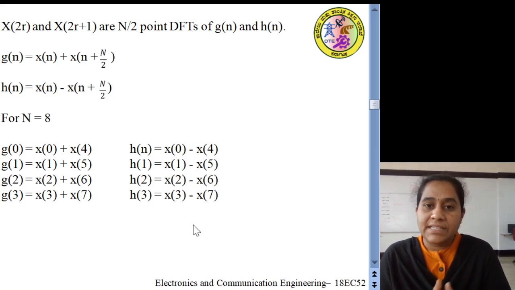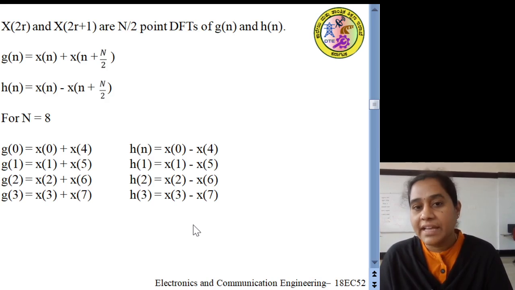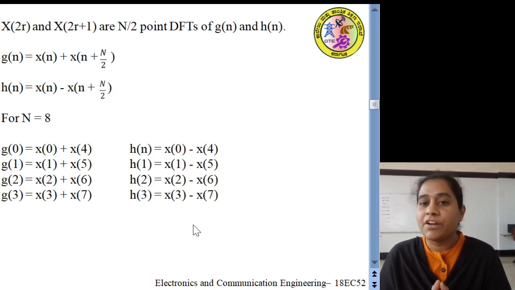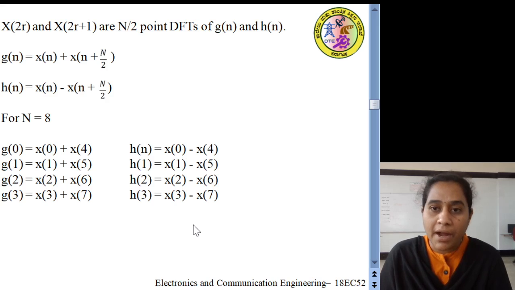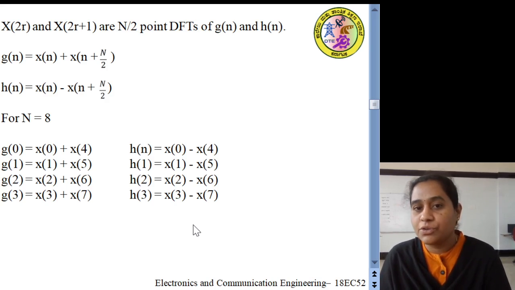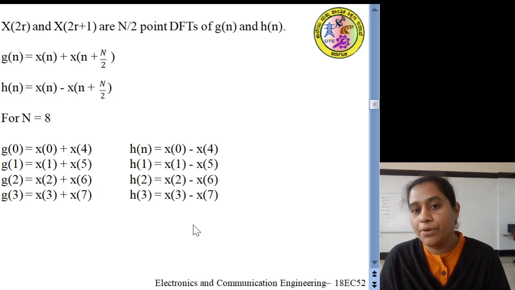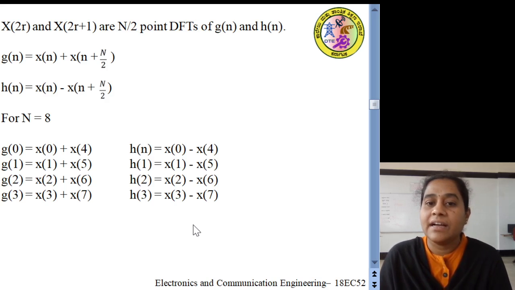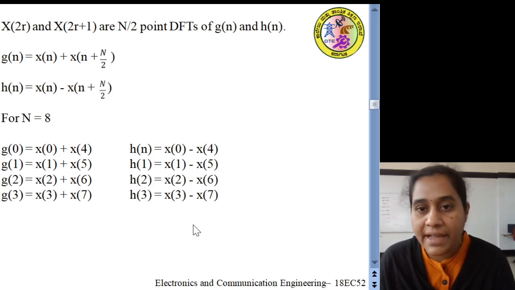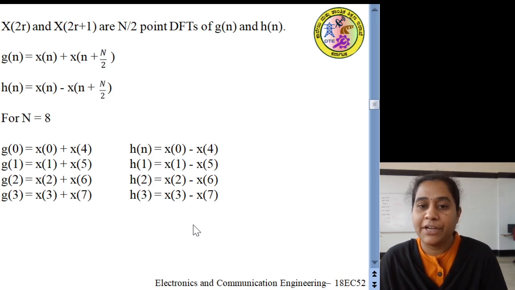From this discussion, we can say x of 2r and x of 2r plus 1 are N by 2 point DFTs of g of n and h of n. Also, g of n is equal to x of n plus x of n plus N by 2, and h of n is x of n minus x of n plus N by 2.